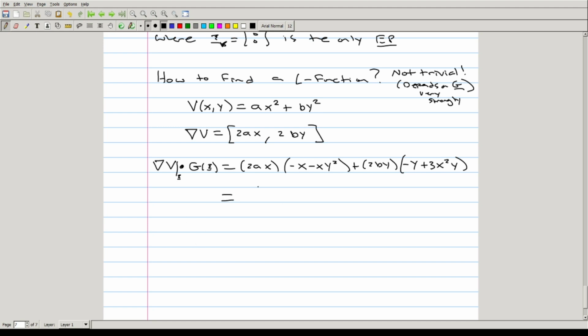Which simplifies to negative 2ax squared, negative 2ax squared y squared, minus 2by squared, plus 3 times 2, so 6, b x squared y squared.